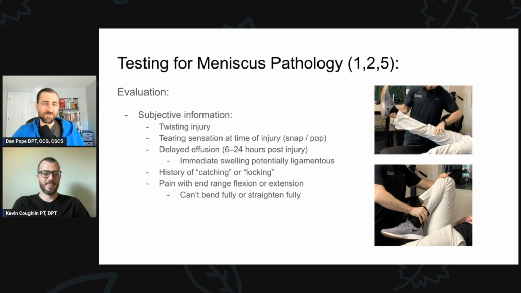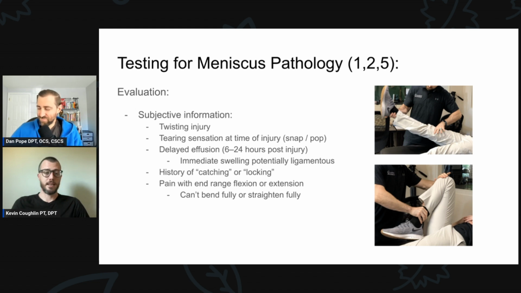Yeah, so I think all these images were still really relevant. So that's why they're in the slides here. But just to summarize that subjective information, so oftentimes associated with a twisting injury, they had oftentimes a tearing sensation at the time of the injury or a snap in the knee. Oftentimes they do have that delayed effusion.